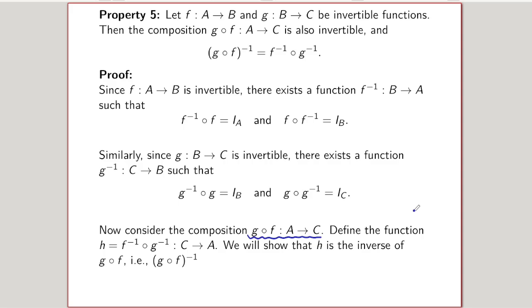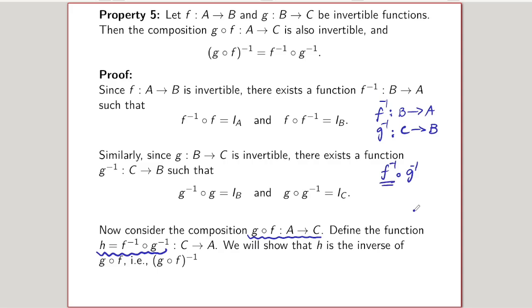We are going to define one function H, that is nothing but f inverse composition g inverse from C to A. We already know that f inverse is a map from B to A, and g inverse is a map from C to B. So it is possible to define f inverse composition g inverse.